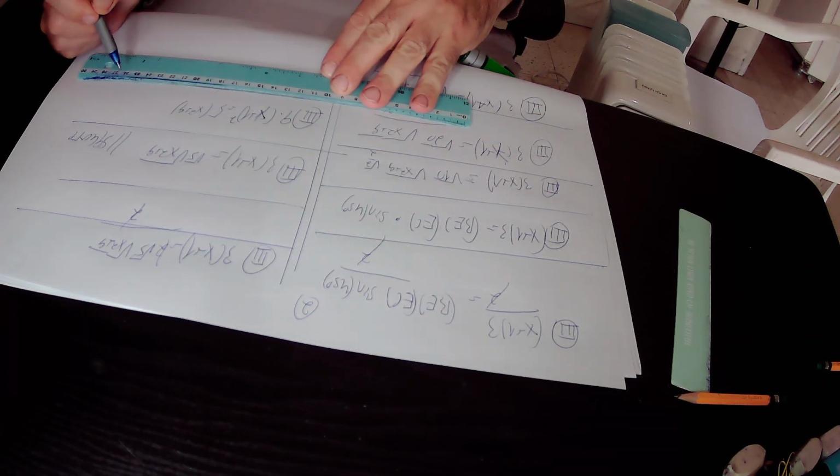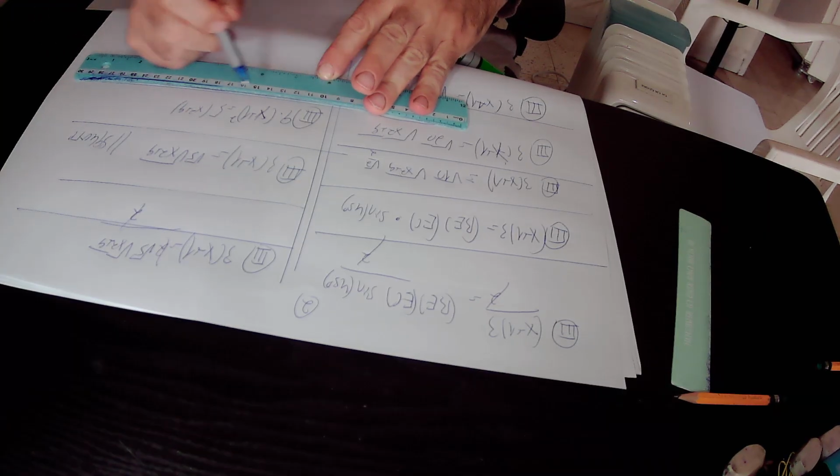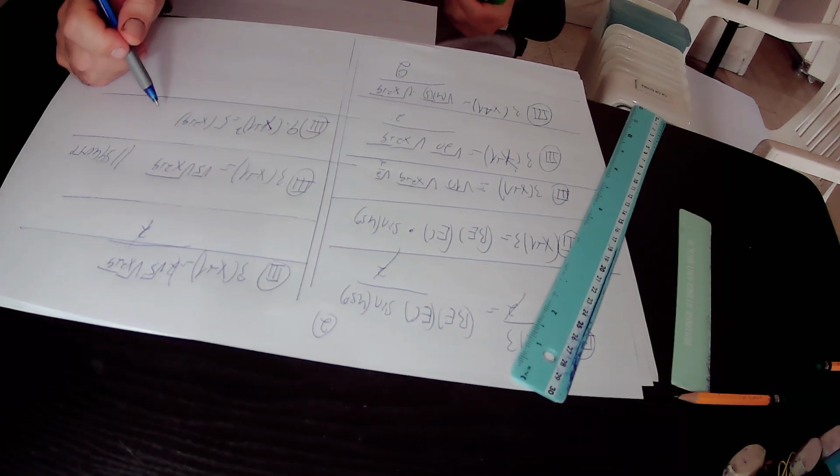So in total, we found out that 9 times (x plus 1) squared equals 5 times (x squared plus 9).